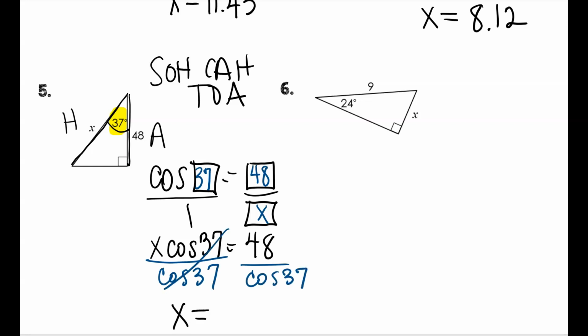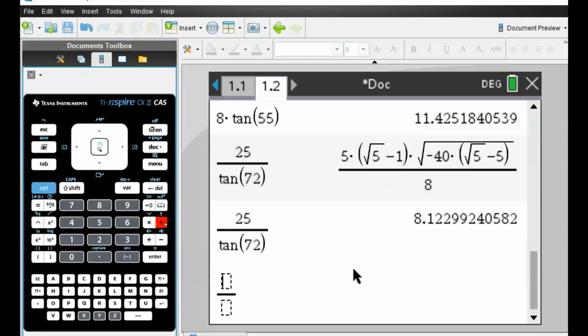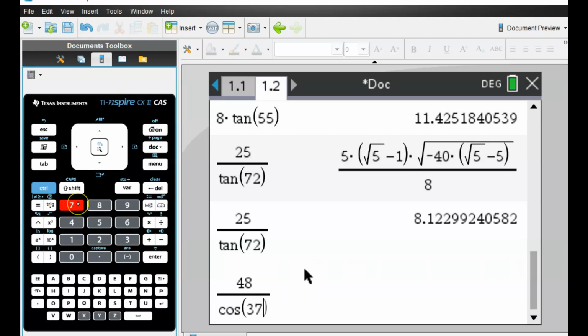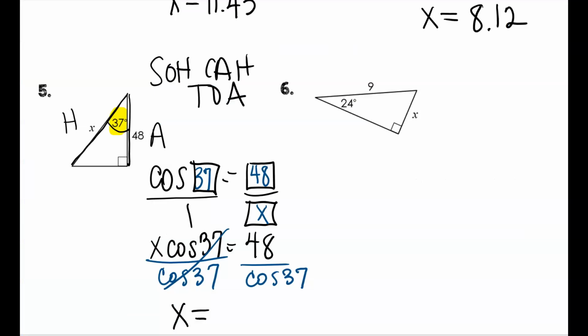So x equals 48 over cosine of 37. Control division, 48 over the cosine of 37. I'm going to put a decimal in there so it gives me a decimal answer right away. 60.10.